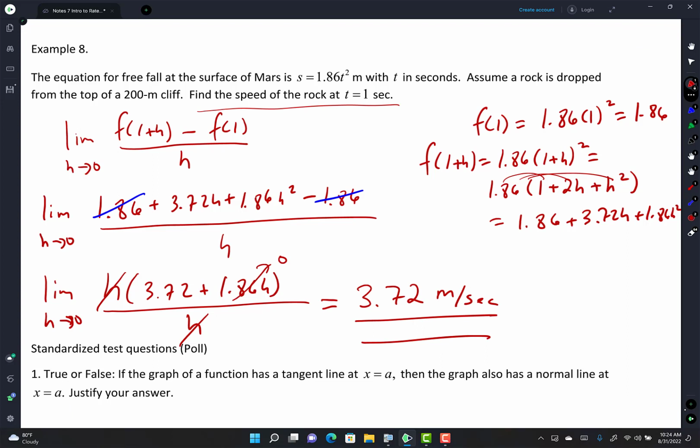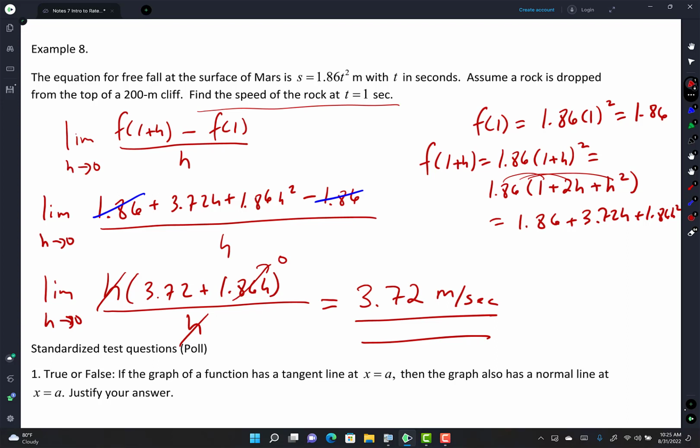That is not the acceleration. That is the speed at the moment t is 1 second. Yeah, but it's calculus-based physics, so it's different. So we can calculate speed. Speed is displacement divided by time.